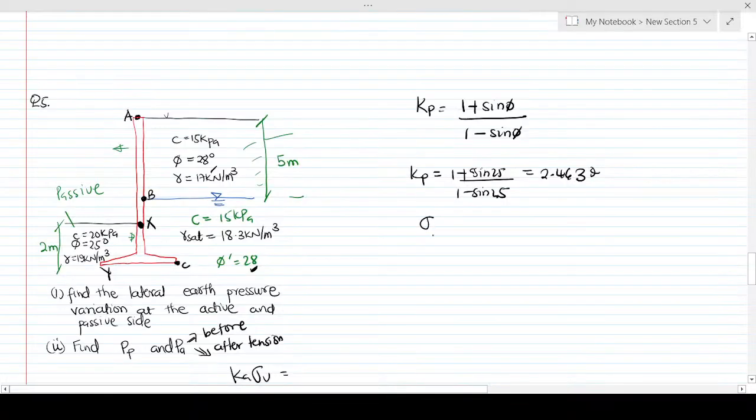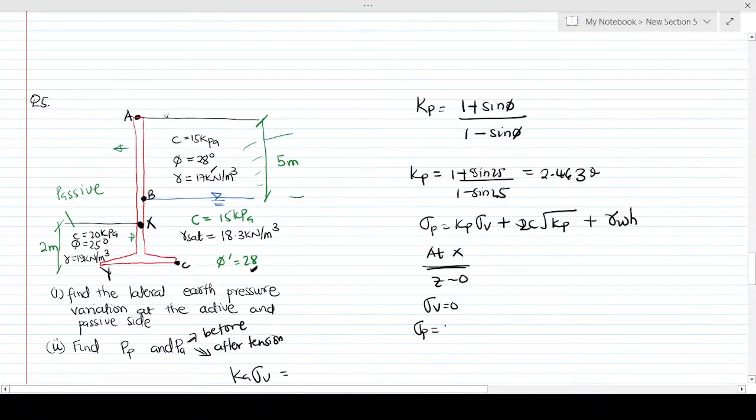Right? So if I have that in place, I know what formula I am using. This is the formula that we use: σp equals KP gamma z plus 2c square root of KP, plus gamma of water times water height if there is water. So let's see at z equals 0. The vertical will be 0, but the lateral will be given by this.